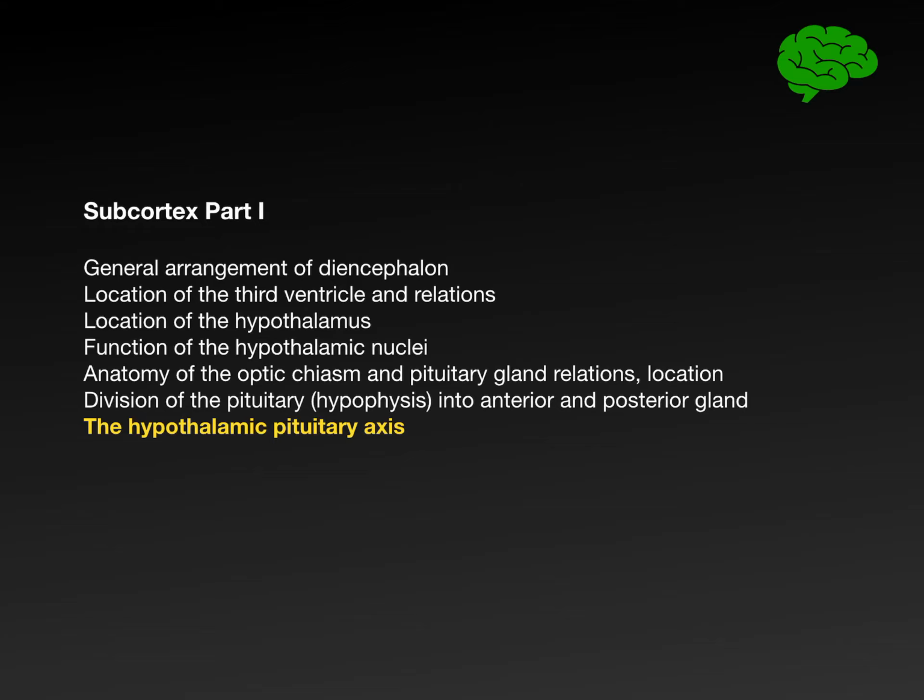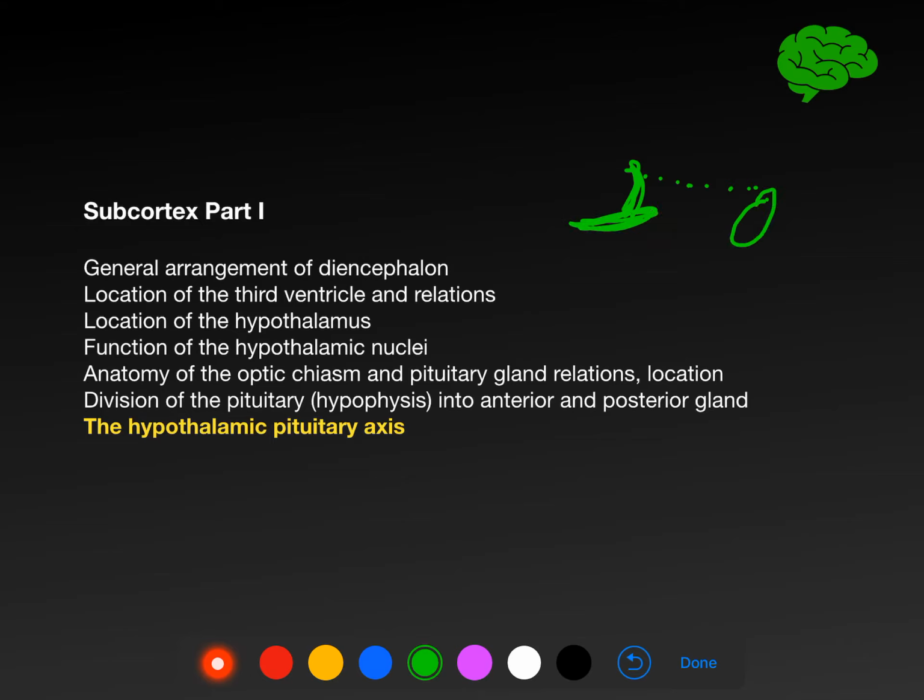So make sure you can think about what the roof will be, what the floor will be, and the walls. The location of the hypothalamus: remember that hypothalamic sulcus, and then remember that you have the lamina terminalis coming forward. You've got the mammillary bodies arching at the back here. You've got the optic chiasm up here. You've got the infundibular stalk there going to the anterior and posterior pituitary gland.